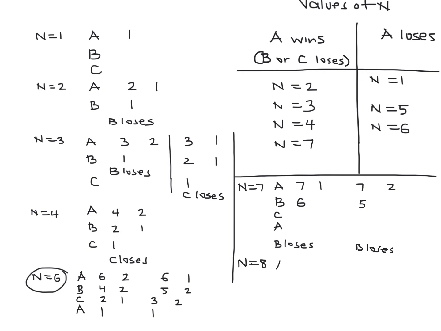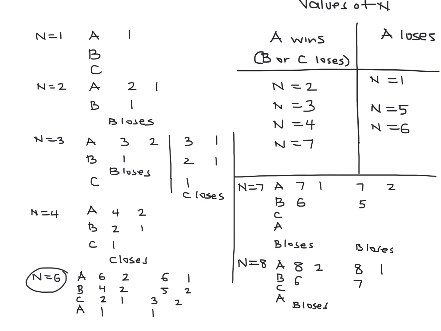If N equals 8, we got A, B, C, and A. If we subtract 2, that means B is 6. And remember, just like here, if B starts with 6, B loses. However, if Alphonse only removed 1, B ends up with 7. If B starts with 7, the next person will lose.